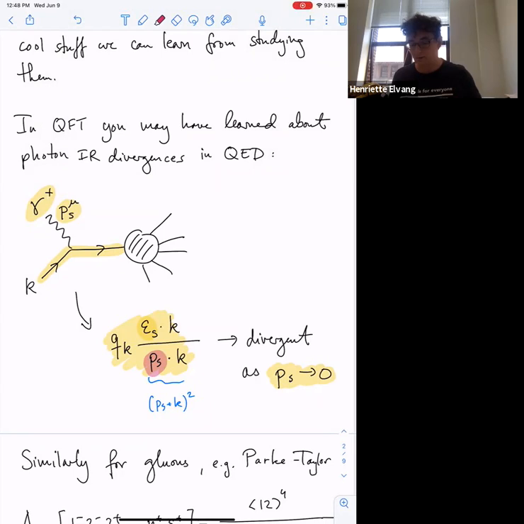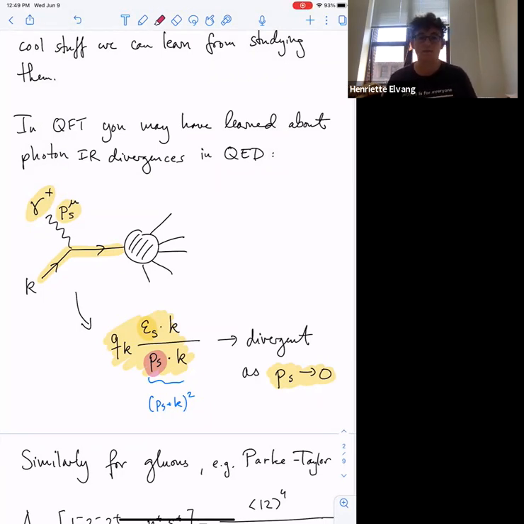Then in quantum field theory classes, you talk about photon IR divergences, and how they sit there in individual diagrams and in the scattering amplitudes, but once you compute the cross section and take the loops and their IR divergences into account, everything nicely cancels and gives you finite cross sections.